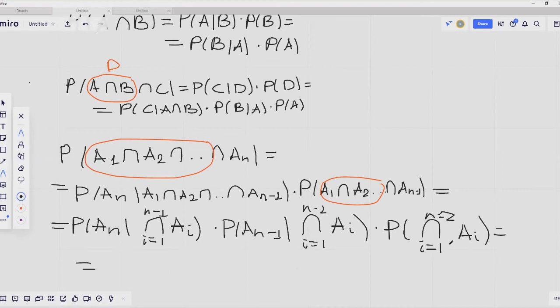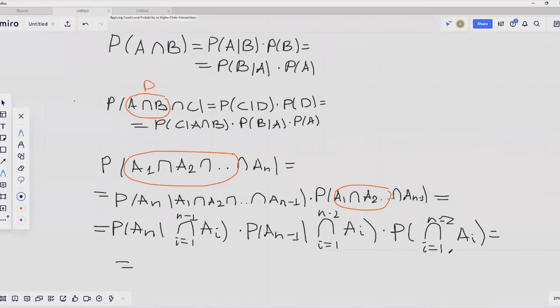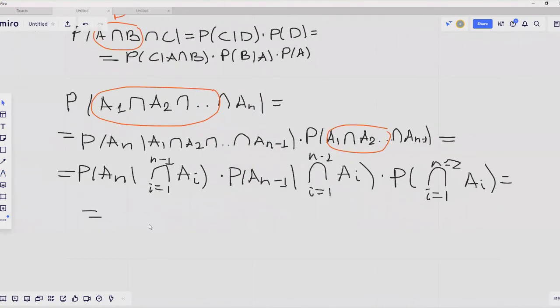All right, now again applying the same step for this intersection here and following through, we finally might get to the following result.